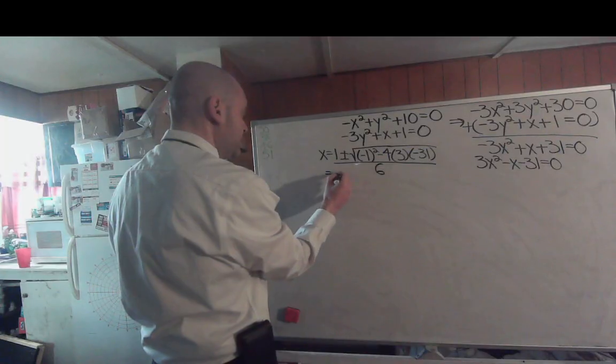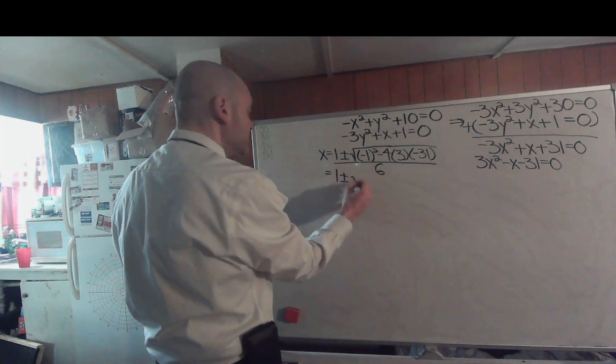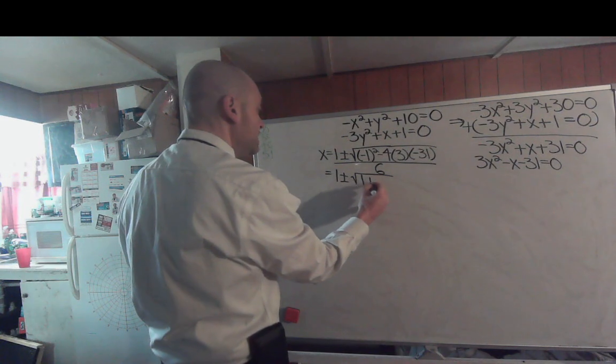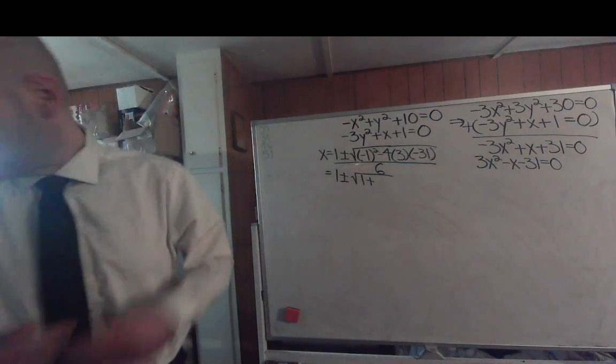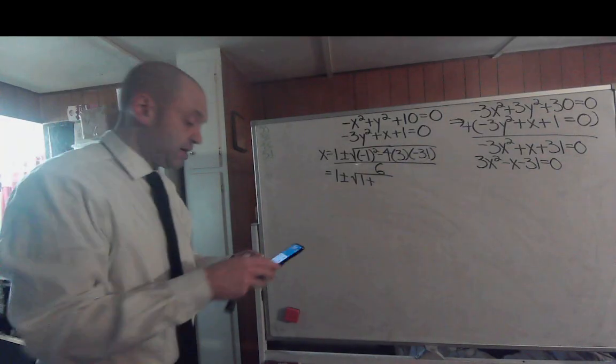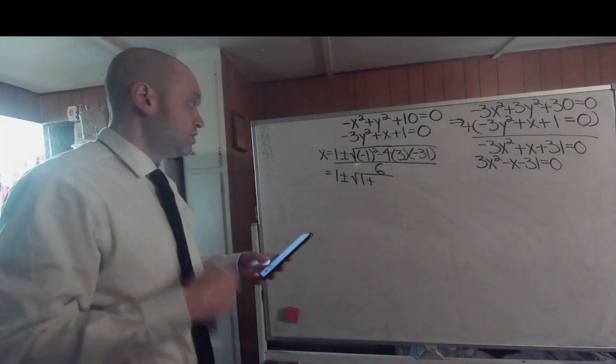So then you'll end up getting 1 plus and minus the square root of 1 plus 12 times 31, which will not be pretty. I promise you that. It's not going to be pretty at all.